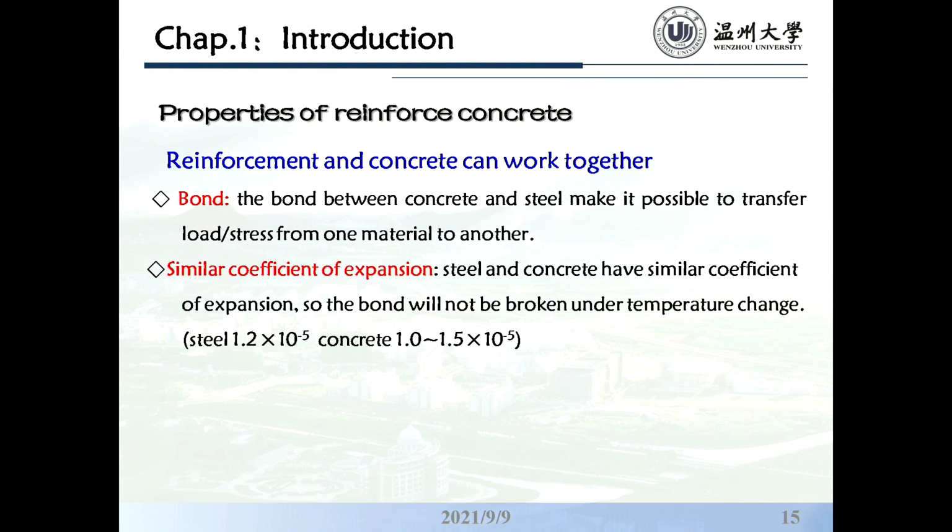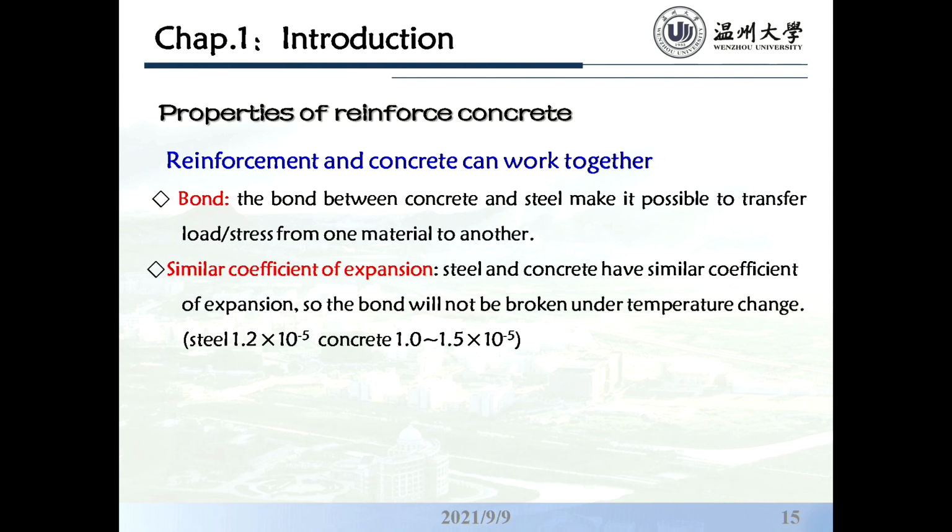And another is a similar coefficient of expansion. For this one, I explain here. When a material is put in a cold environment and in a hot environment, the behavior will be different, right?